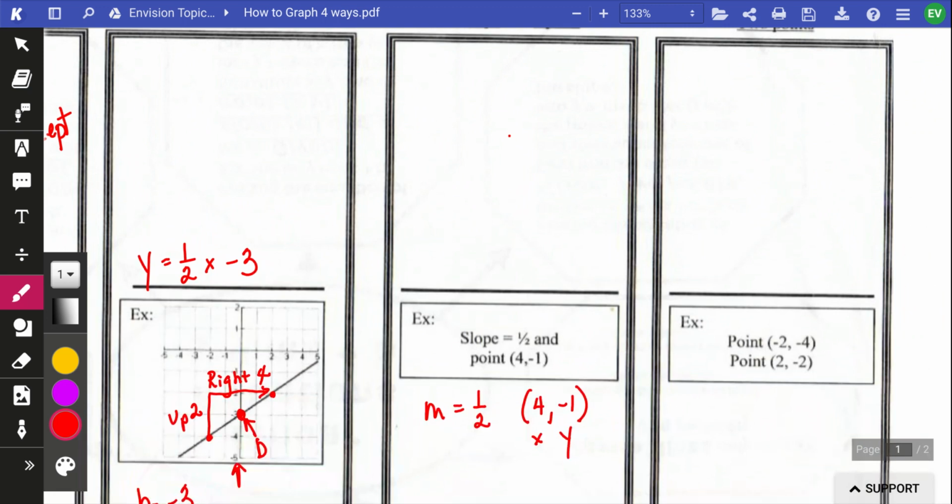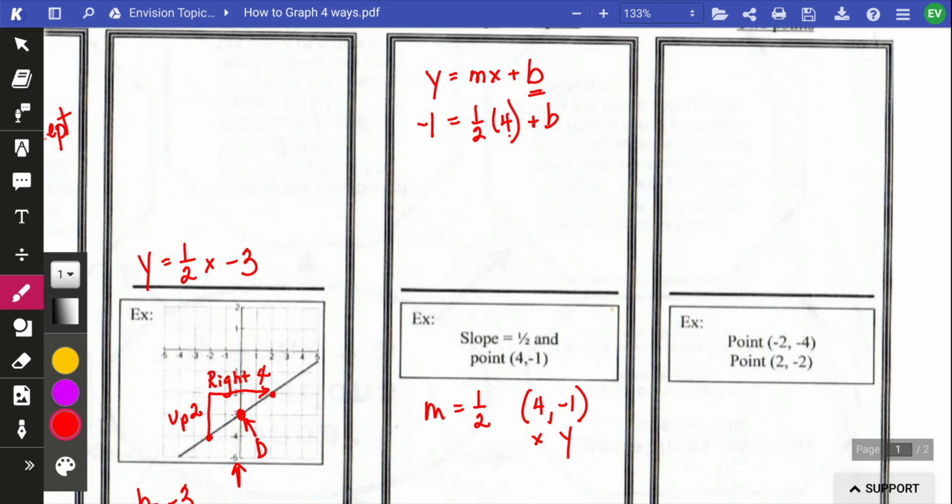So we're going to start with y equals mx plus b, and b is the thing that we don't know. We're going to throw the other numbers into our equation. So we're going to substitute y is -1, m is 1/2, x is 4, and we don't know what b is.